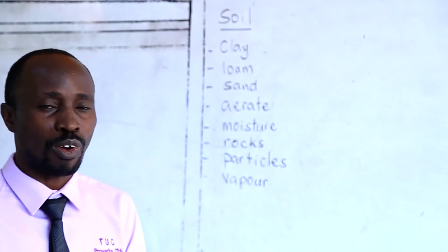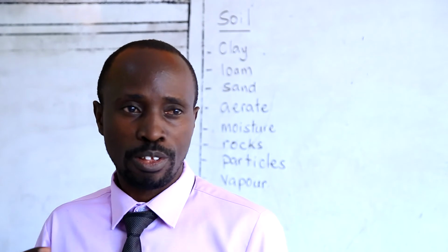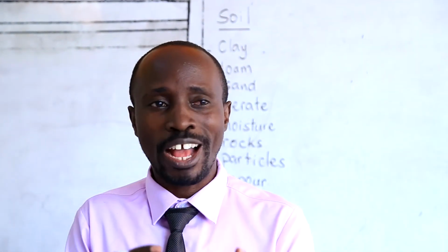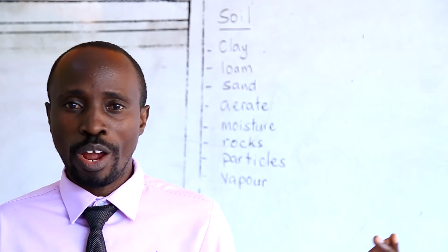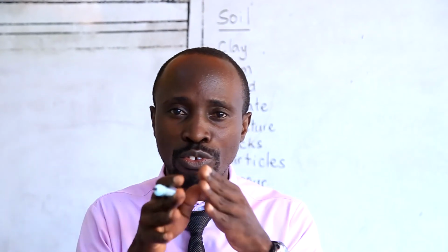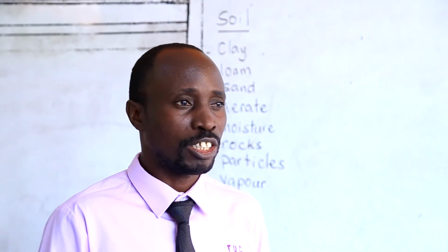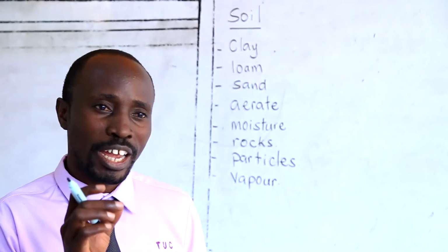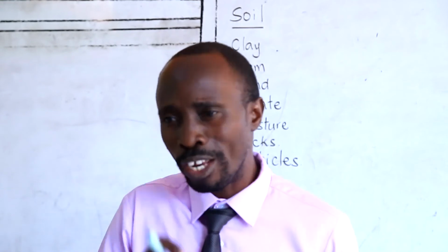Aerate simply means to allow air into soil. How is this done? Soil normally has air spaces in it, so when air comes, it can enter through those small holes. That is what we call aeration. Then moisture. Moisture is water in small quantities.